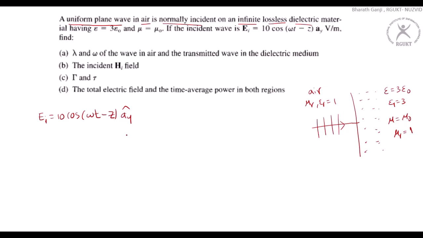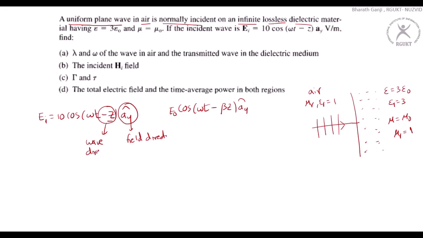Because the wave is incident normally, and from this factor it looks like the standard format, some electric field magnitude E naught cos of omega t minus beta z. From this equation, this is your field direction, and this gives your wave direction.